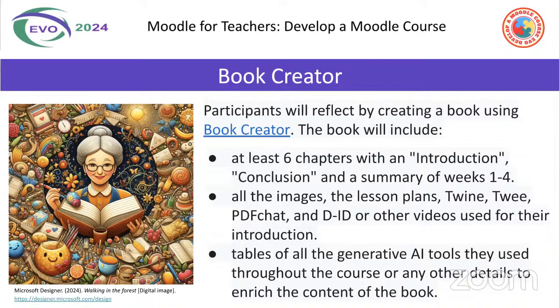A chapter for week 1, 2, 3, and 4. So that's 6 altogether. You may have more if you wish. That would be great, such as recommendations, giving credit. You can have as much as you wish. You can also add your Padlet information to your book. It's up to you.